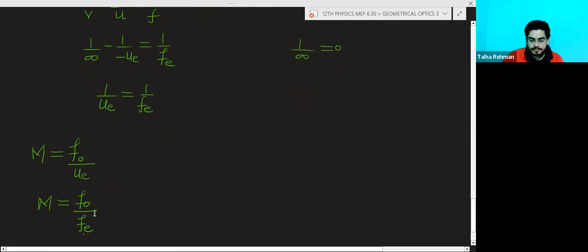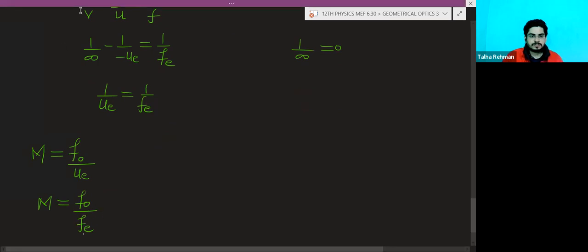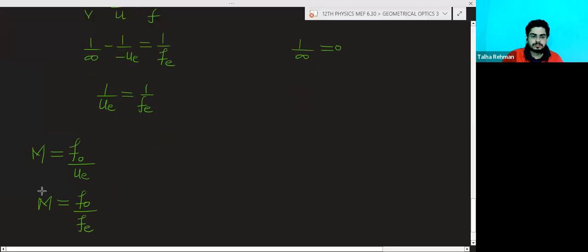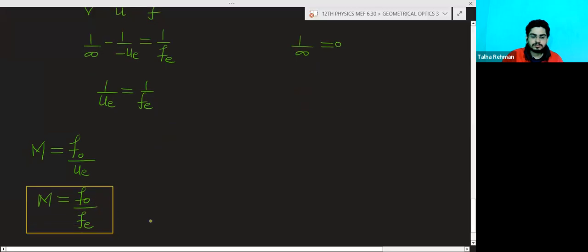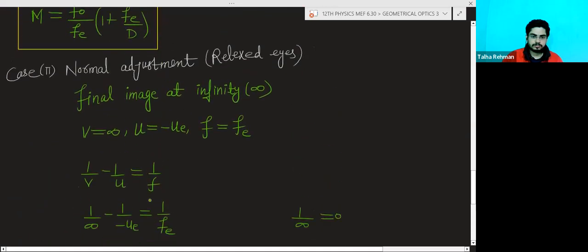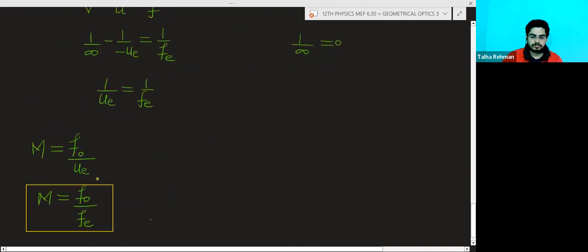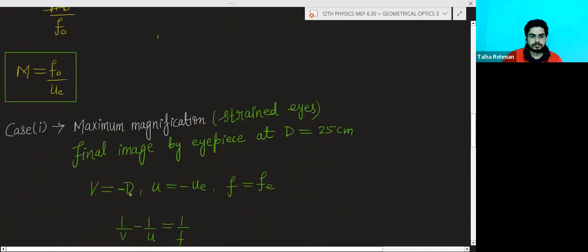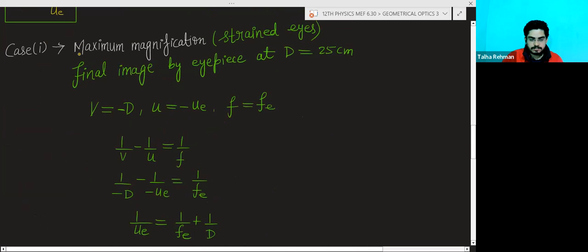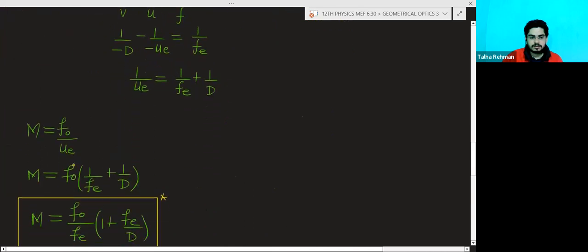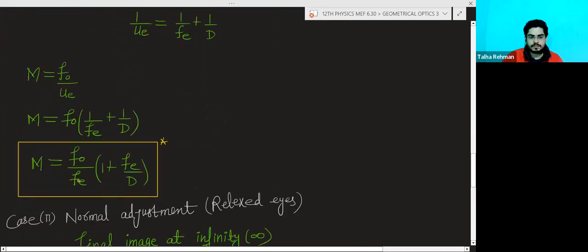This is the minimum magnification. This is the maximum magnification. And what is the maximum magnification? FO by Fe times 1 plus Fe by D.